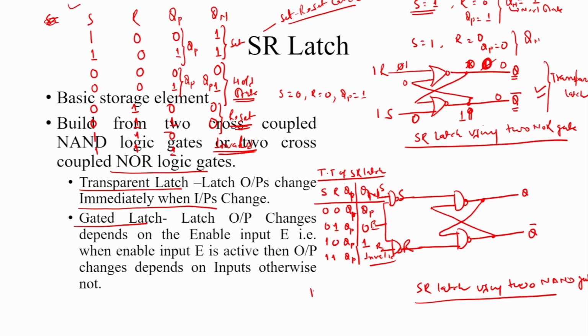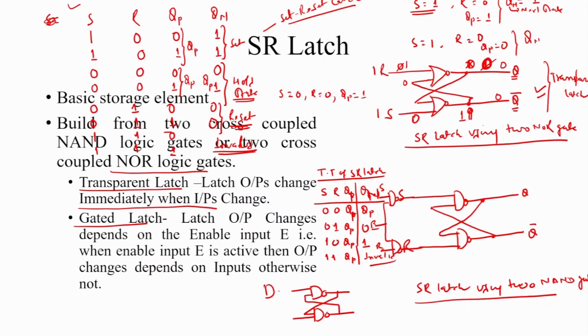Suppose this is a 2 input NAND gate, and this is a 2 input NAND gate, and this is a cross coupled latch using NAND gates.